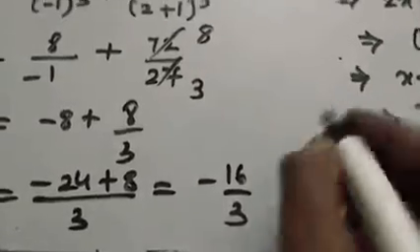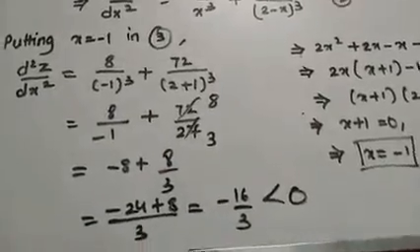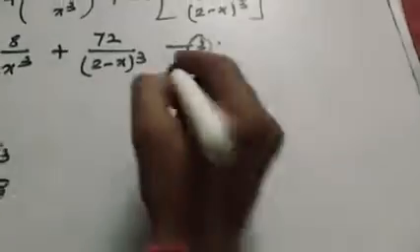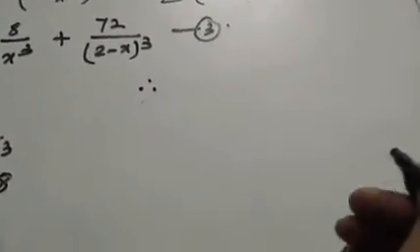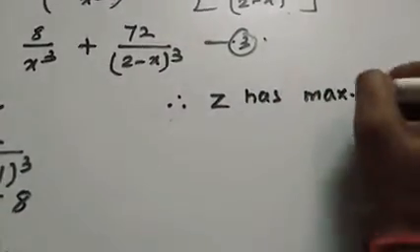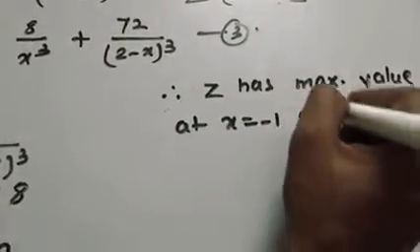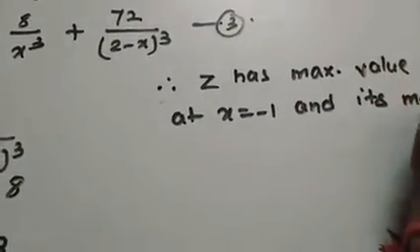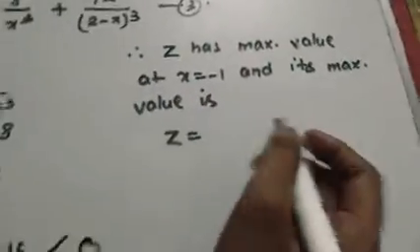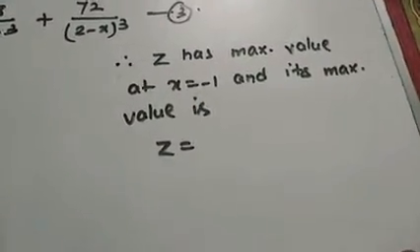So this is negative, so less than 0. So for x equals minus 1 we got negative, so that is the maximum. Therefore z has max value at x equals minus 1, and its max value is z equals, now putting x equals minus 1 in the z expression, that is expression number 1.